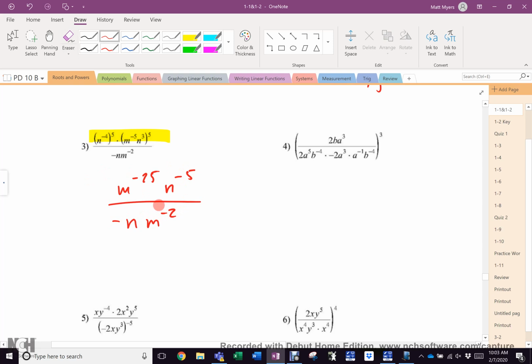What has to move? Everything with a negative. So m squared goes up, m to the 25 comes down, n to the 5th comes down, and the whole thing is negative because of that. They are going to cancel, leaving me with 1, and that is going to be 23. Yeah. I agree. Me too.